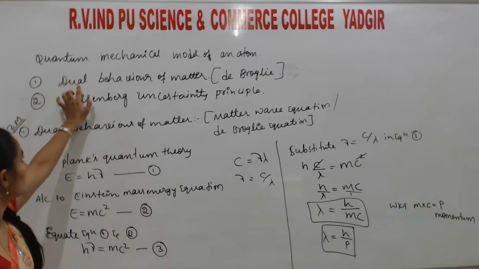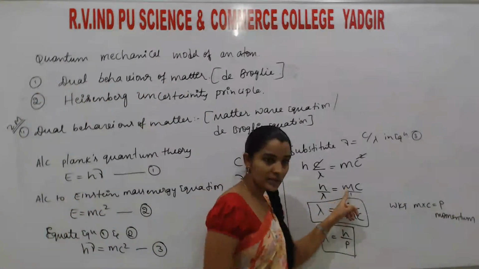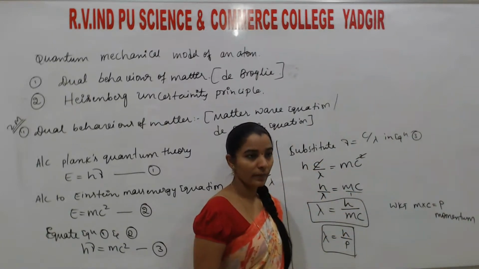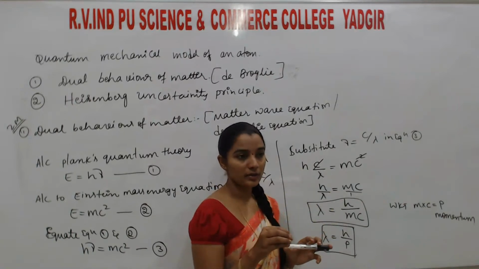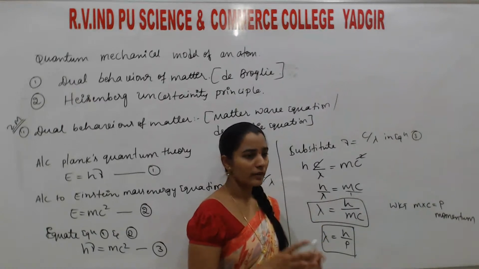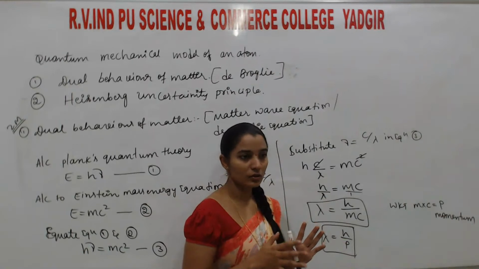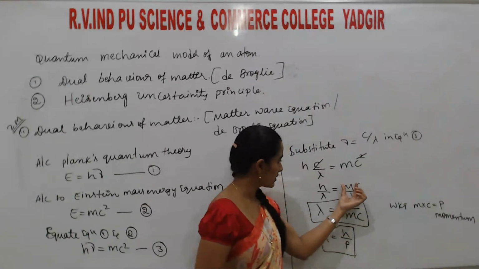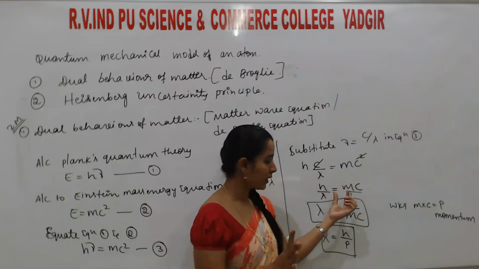So first one, explain dual behavior of matter. Here listen, mass is also there when it is in particle form. For waves we cannot measure mass. Waves cannot be visible, they don't have any mass, they travel like this, right? So here mass is there, velocity is there. Mass is there, that explains the particle nature.